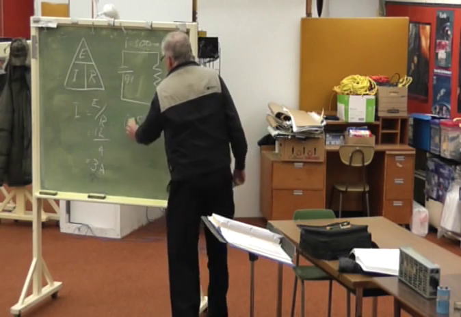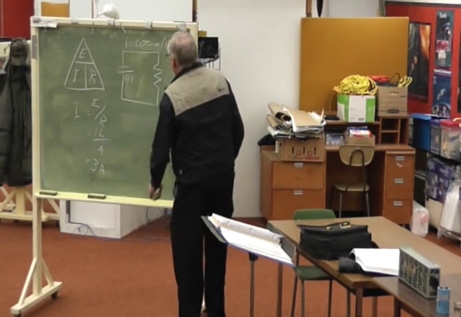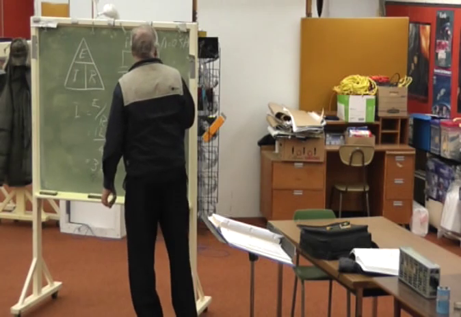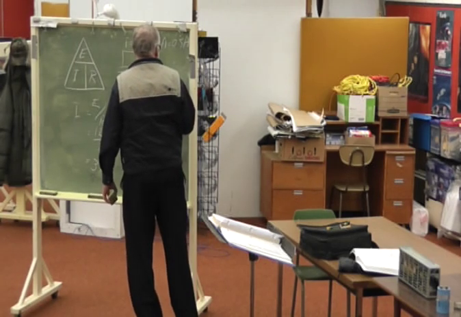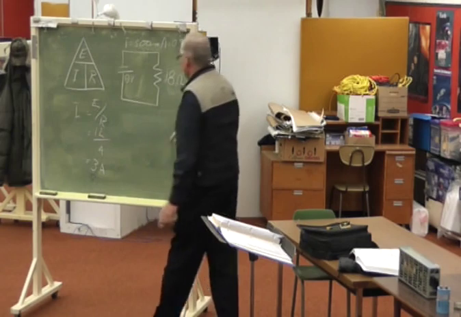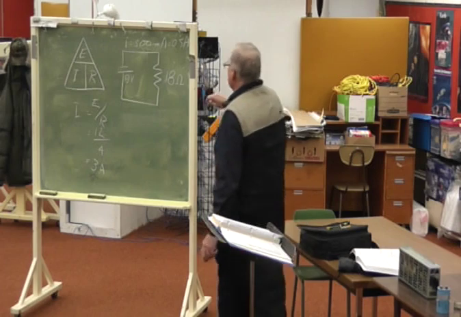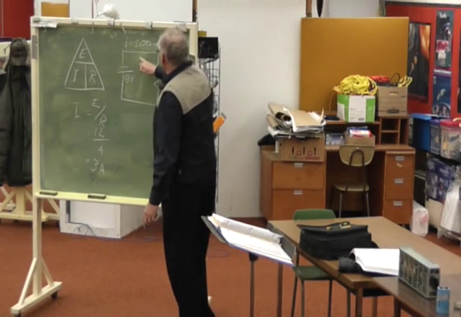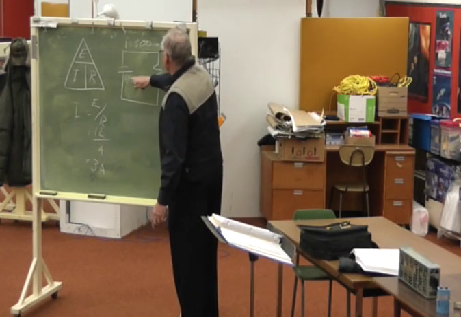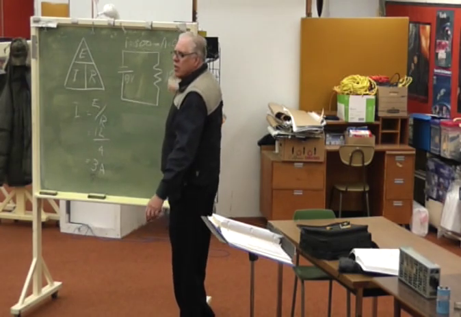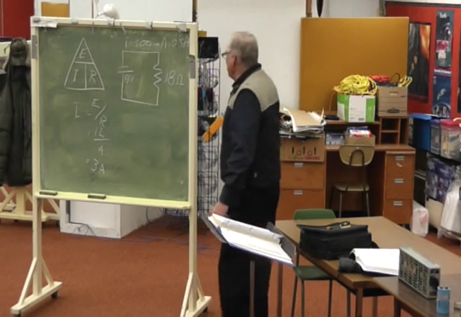Okay, what's the resistance here then? 18. Okay, 18 ohms. The voltage divided by the current gives you the resistance.